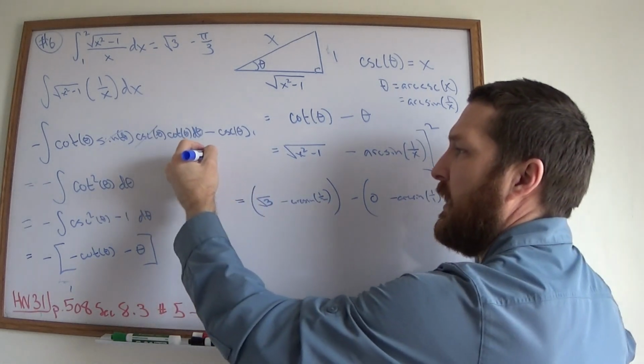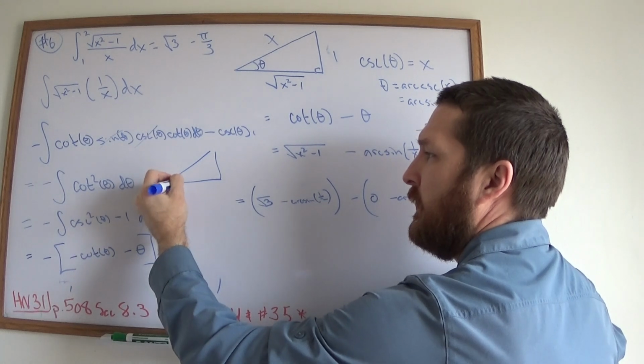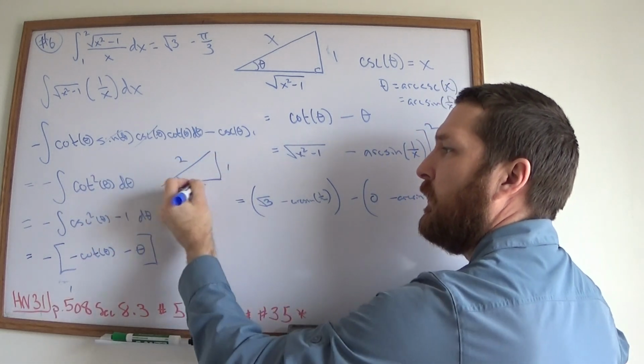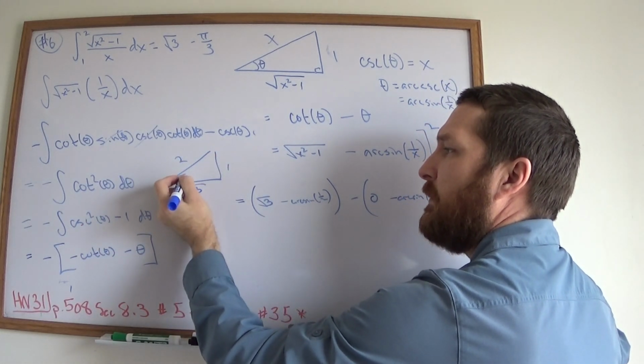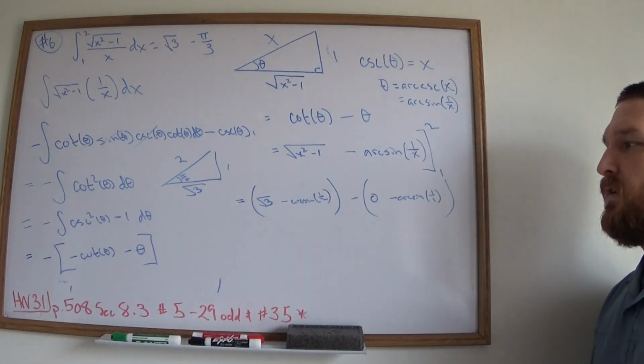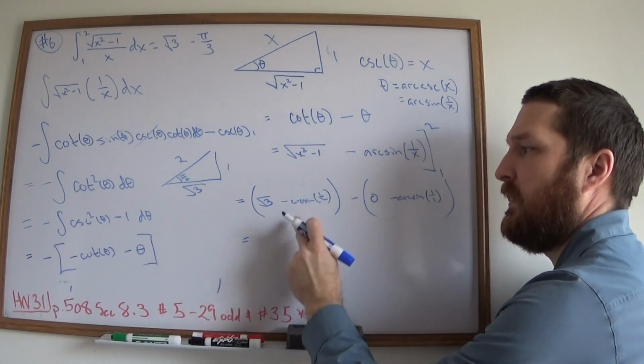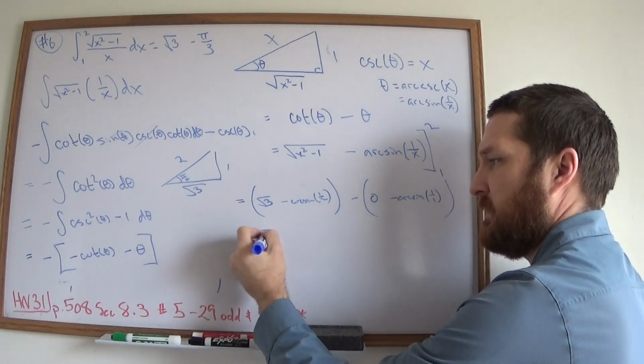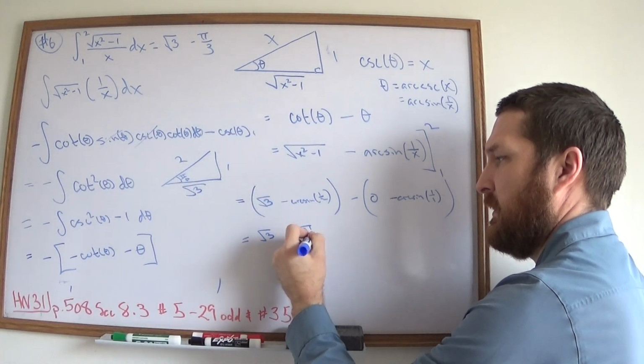Arc sine of 1/2, whoa, that's not 1 over 2, 3. This is pi over 6. Oh, sure. So arc sine 1/2 is pi over 6. Root 3 minus pi over 6.